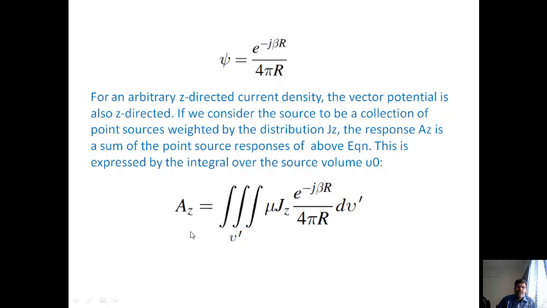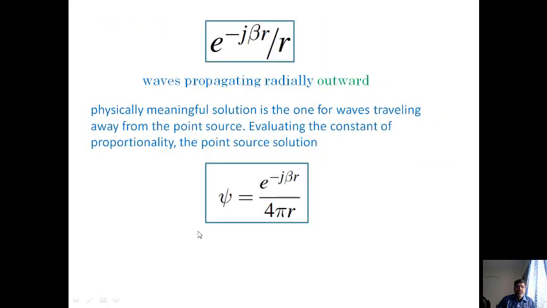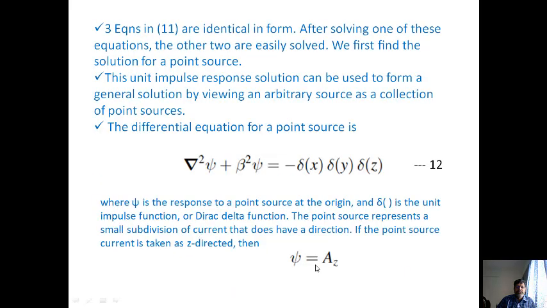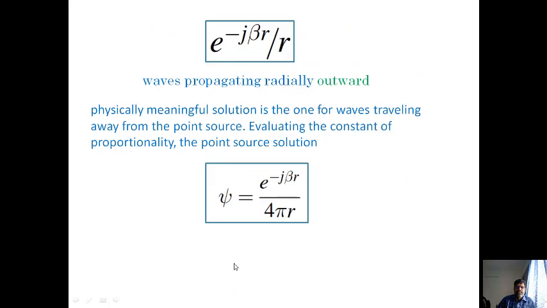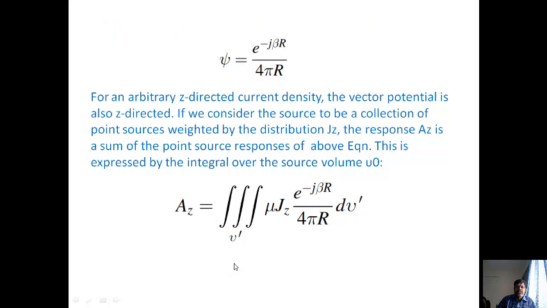Therefore, Az will be the volume integral of mu Jz e raised to minus j beta R by 4 pi R over dv prime. Here psi is replaced by Az.